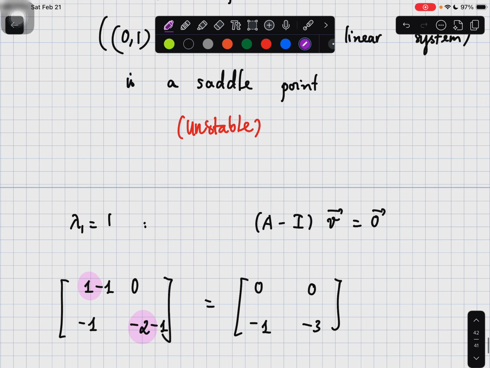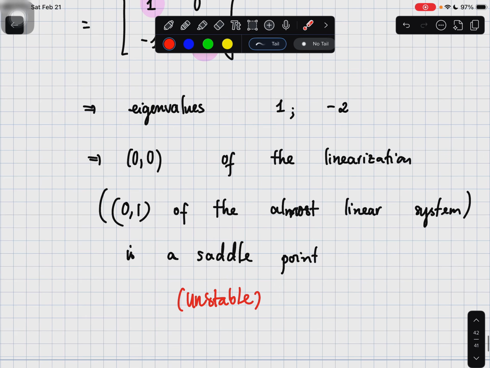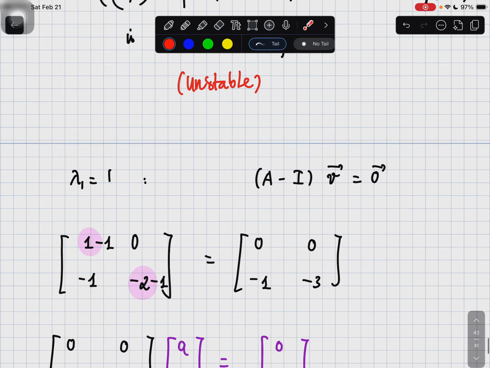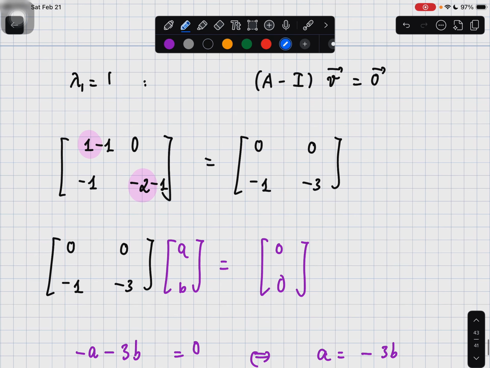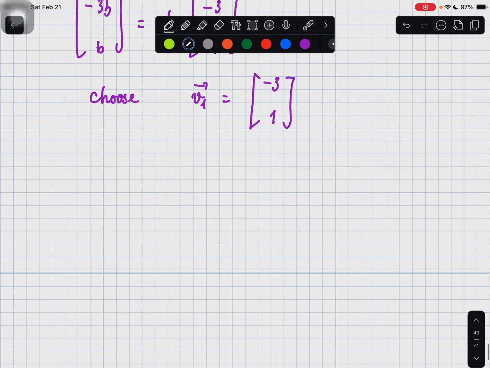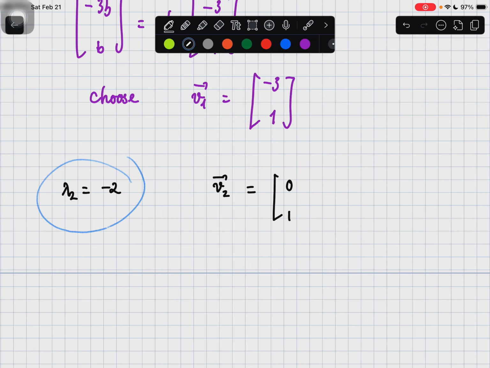For the second eigenvalue, lambda 2 equal to negative 2, as I said before, we know immediately one eigenvector is (0, 1). We choose v2 to be (0, 1).